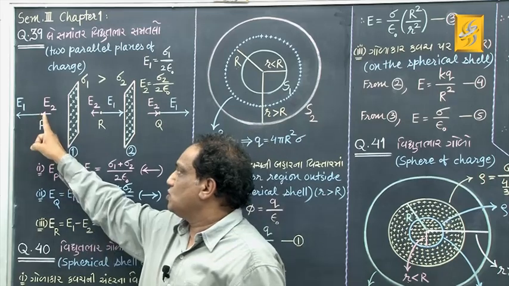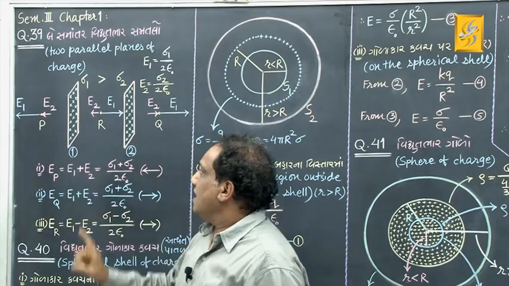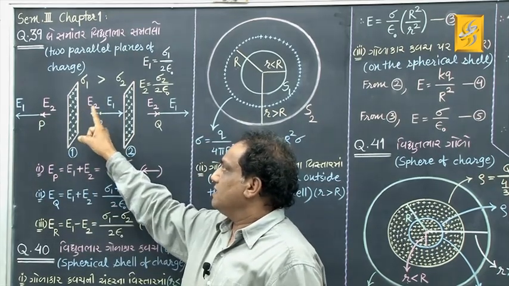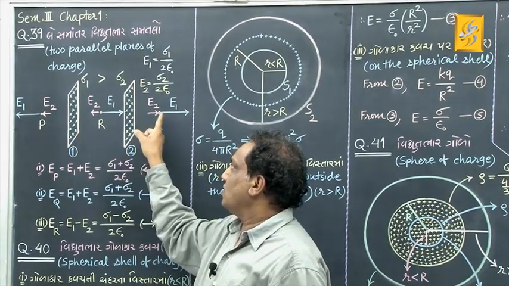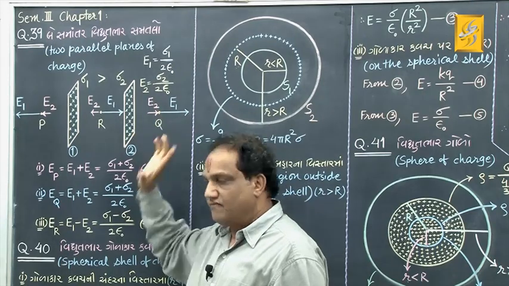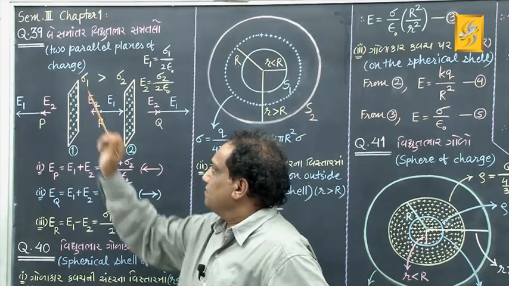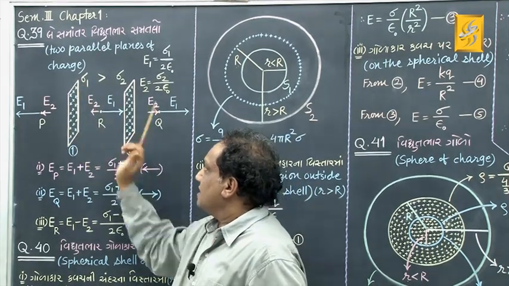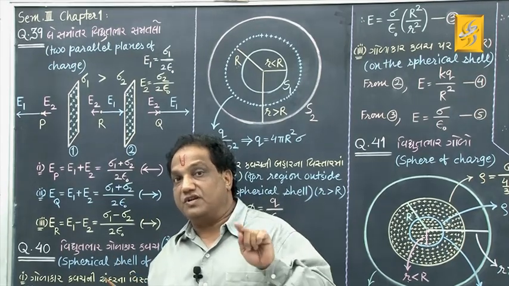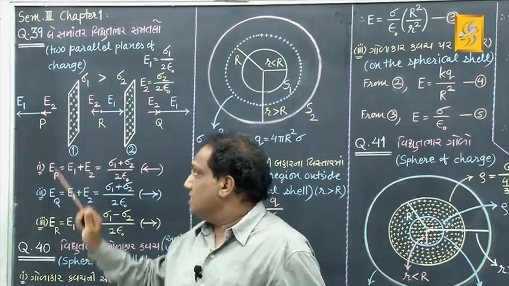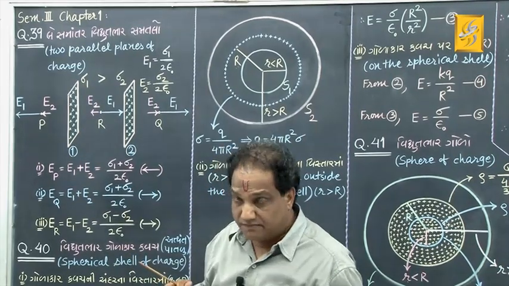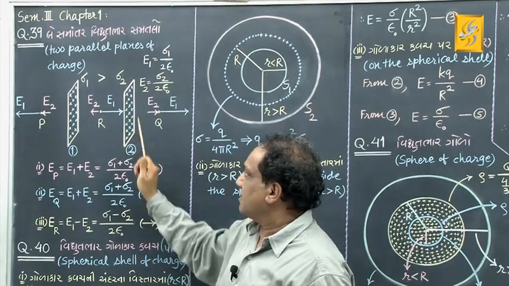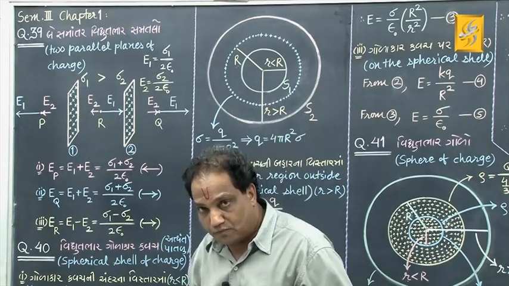One point we are going to choose on the left side, another point in the middle region of these two, and third point on the right hand side. Now these two planes have different surface charge densities. Say this first plane has surface charge density sigma 1, and second plane has surface charge density sigma 2.